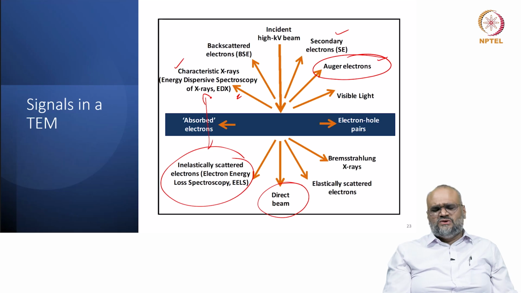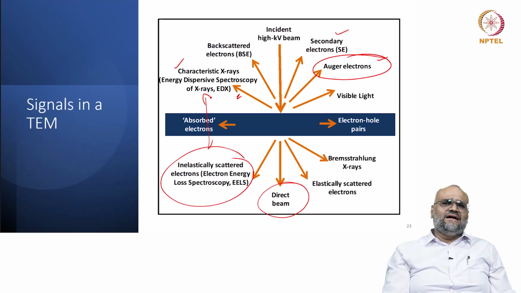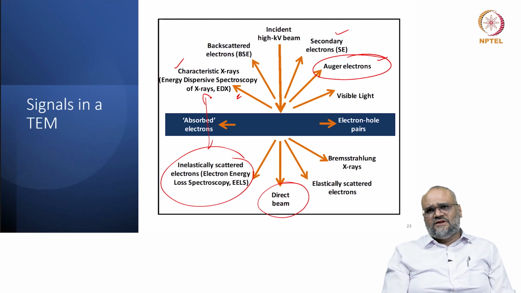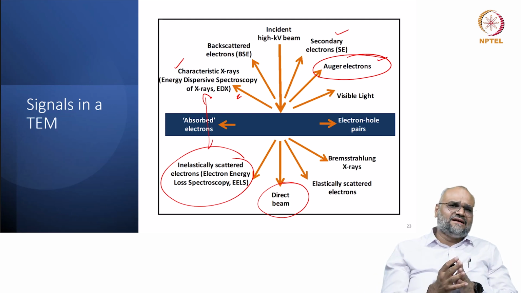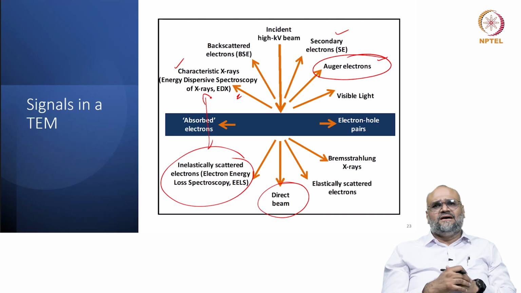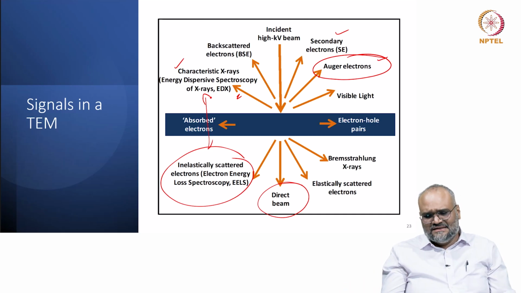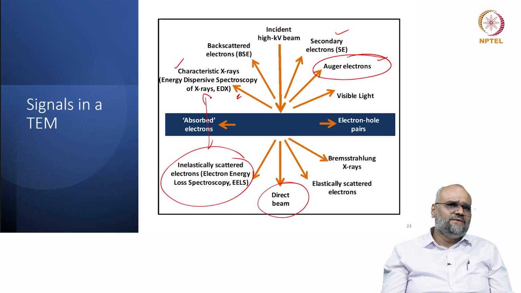So, by using suitable detectors, and from the mechanisms that we know related to the interaction phenomena, depending on the angles of scattering and the physics involved in how the scattering process happens, you can detect most of these signals and then get useful information from a material.